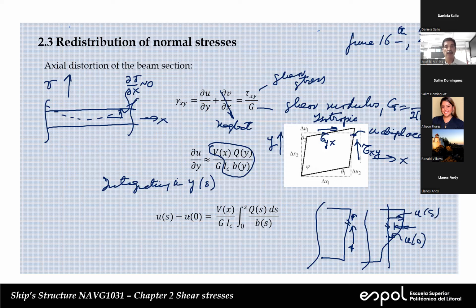In this flat bar case, we are going to take the reference point at the neutral axis. So this integration, Q ds over B, will be from the neutral axis up to the section where we want to analyze.